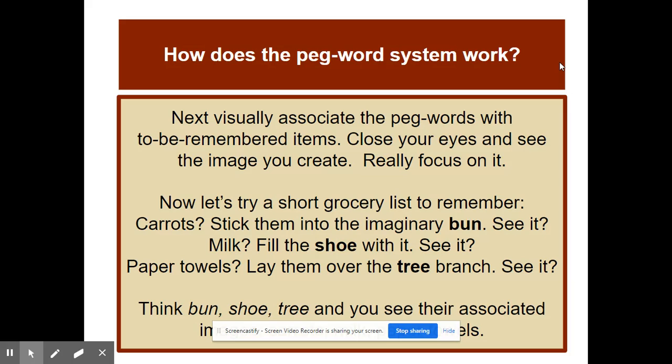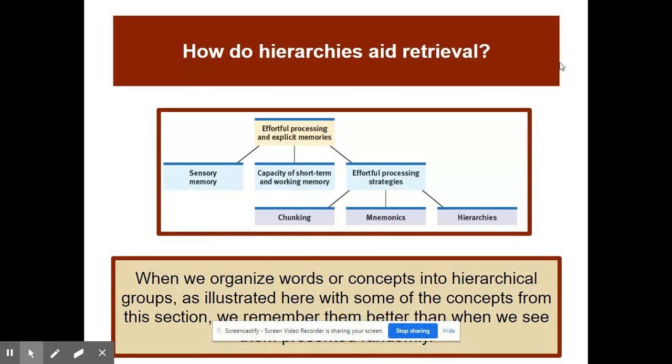Close your eyes and see the image you create. Really focus on it. Now follow the instructions below. This is another thing we did yesterday with the words on your list.